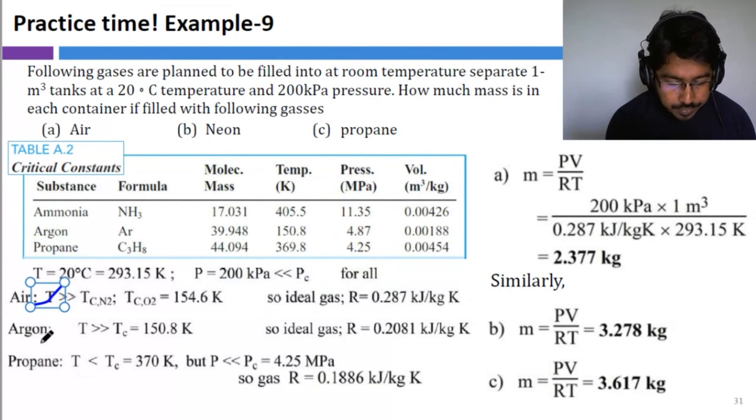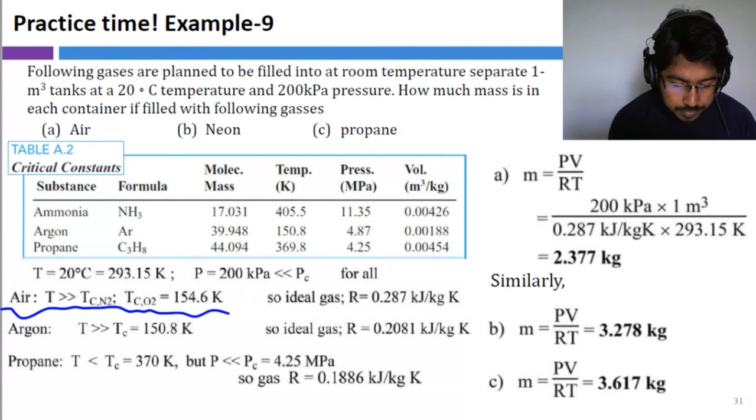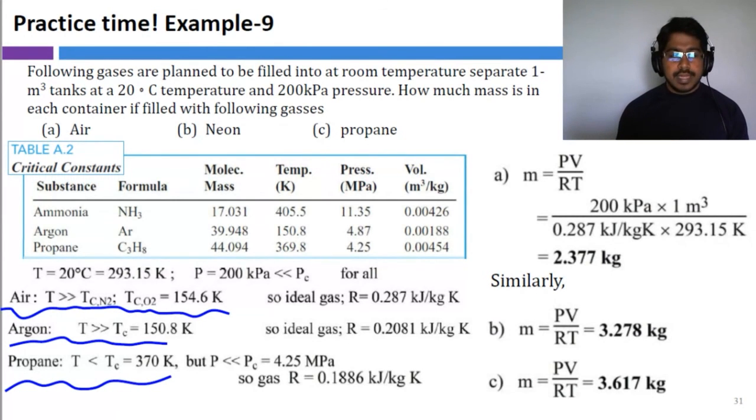For air, we didn't have an exact entry, which is why we went for nitrogen and O2. For argon, we have the substance, so we check its critical conditions against our conditions. Propane, the same deal.